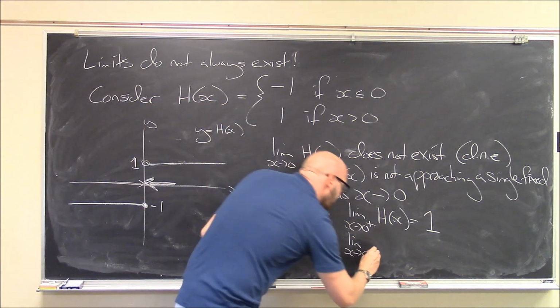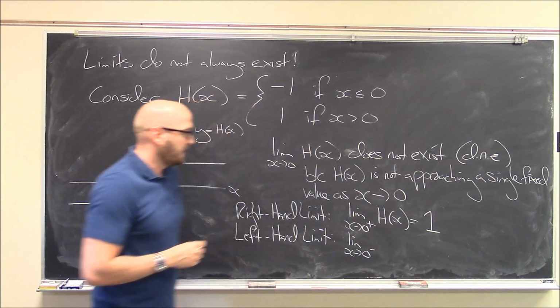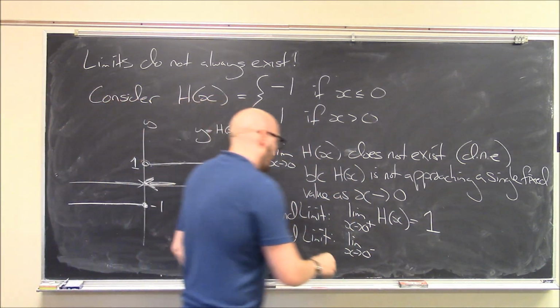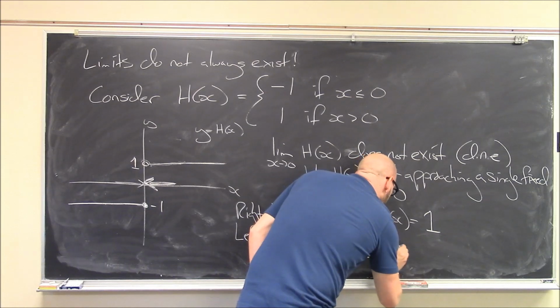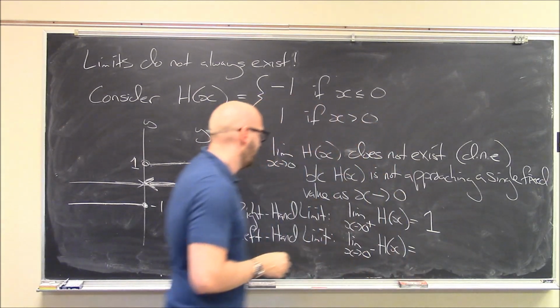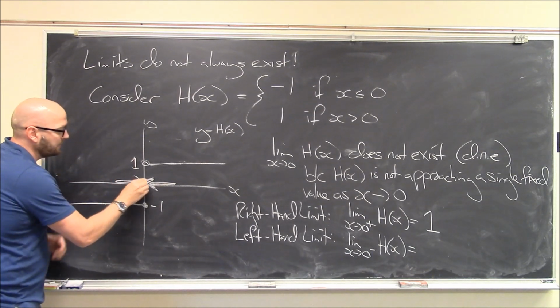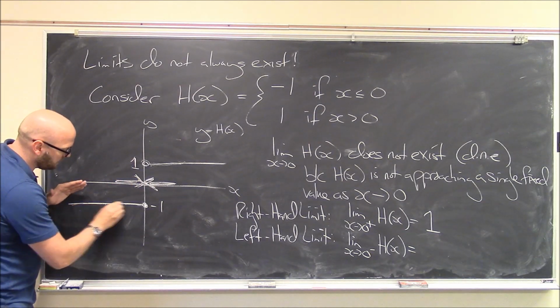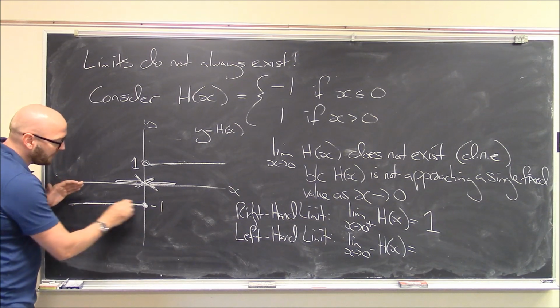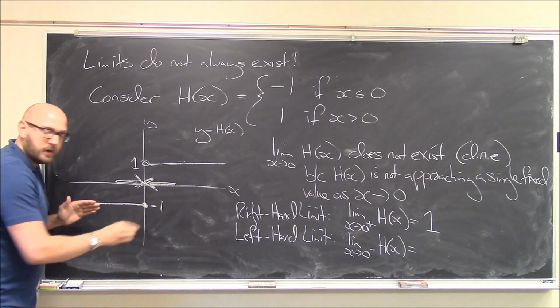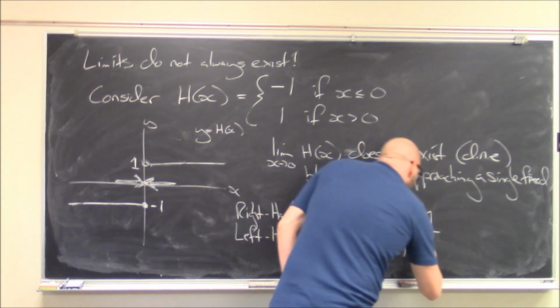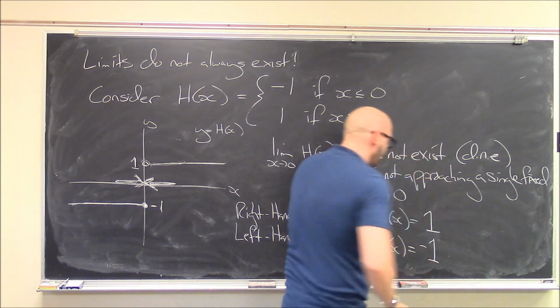Well, you superscript the 0 with a negative sign, of h of x. What does that equal? As x approaches 0 from the left, coming in from the left-hand side, what value are we getting closer and closer to? We're always equal to it again, but we're getting closer and closer to negative 1. So the left-hand limit exists, and the right-hand limit exists.